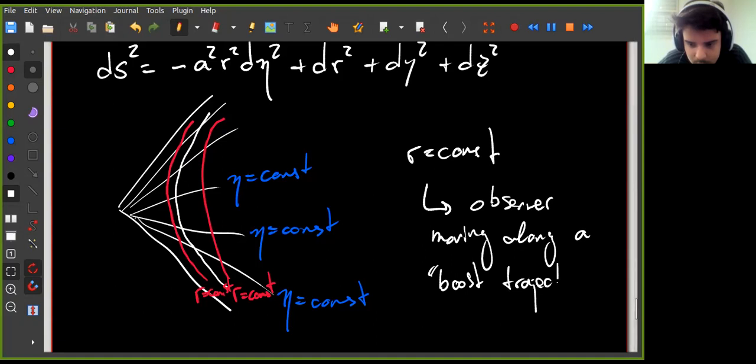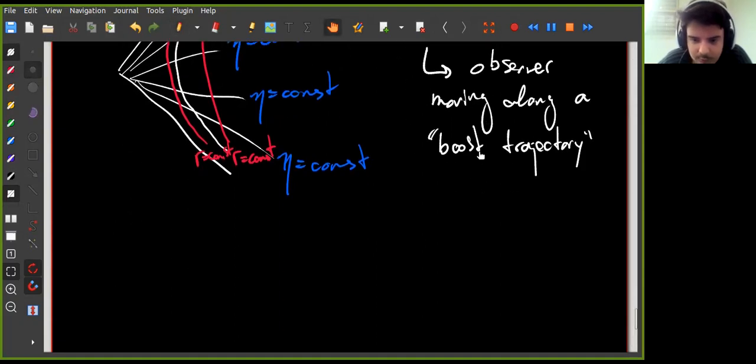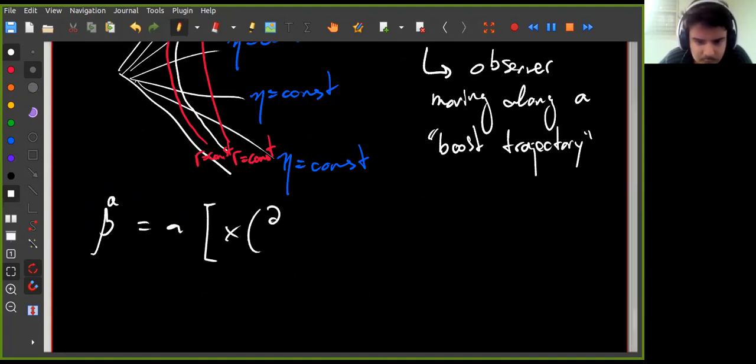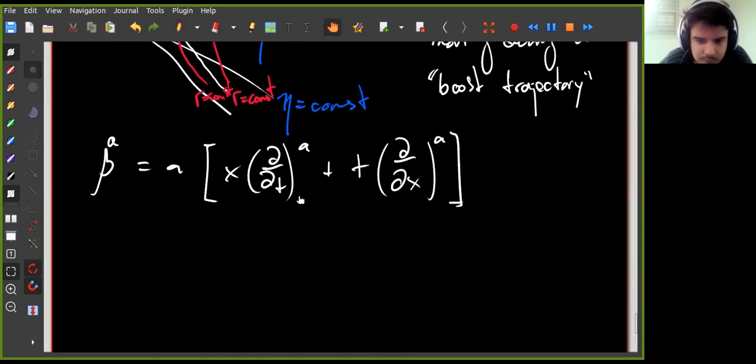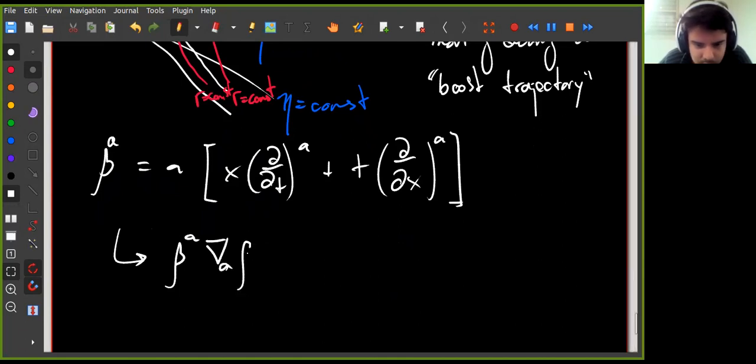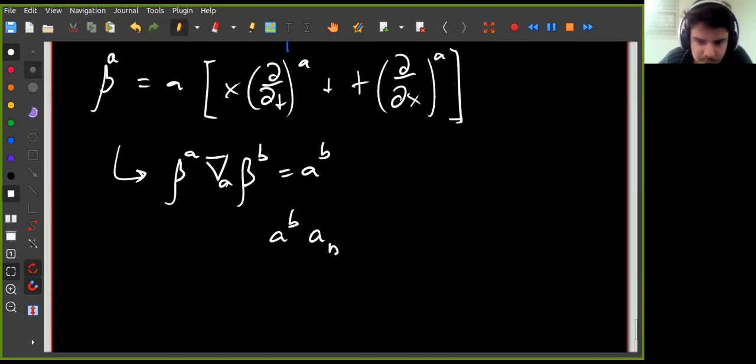It can be shown, if you write down the vector for boost, which is, if I remember correctly, a(x∂_t + t∂_x), you can show that the acceleration of this is such that a^b a_b equals a squared, where a is this constant here, and hence it is constant.